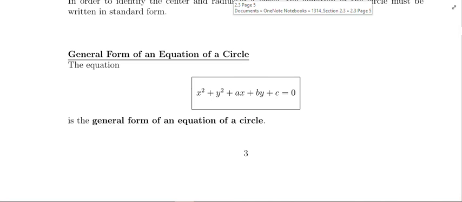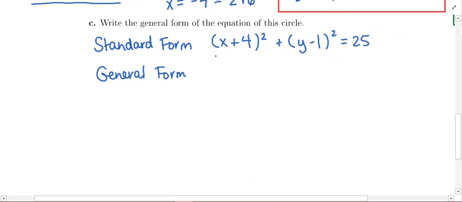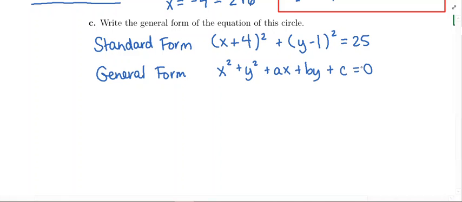So I'm going to go back and write this down. We have to convert basically this standard form into this general form. Again, that is x squared plus y squared plus ax plus by plus c equals 0. It's not bad to do this, it's just a little tedious.